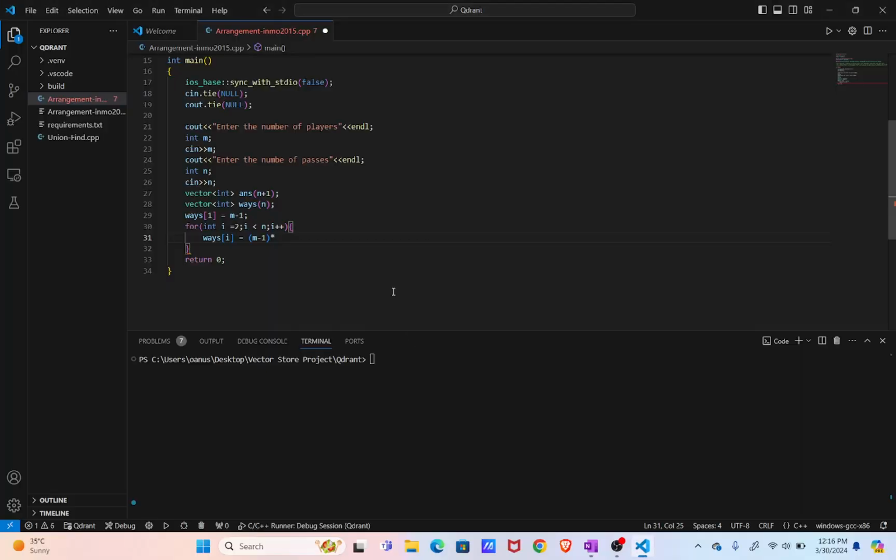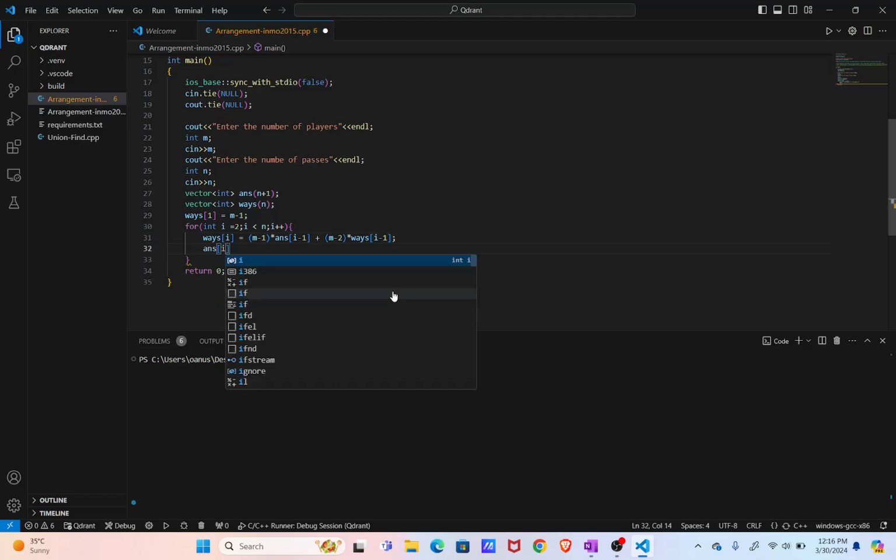So ways at I will be M minus 1 times answer at I minus 1. Please notice I'm just shifting the indices. That's not going to affect the recurrence relation. Plus M minus 2 times ways at I minus 1.